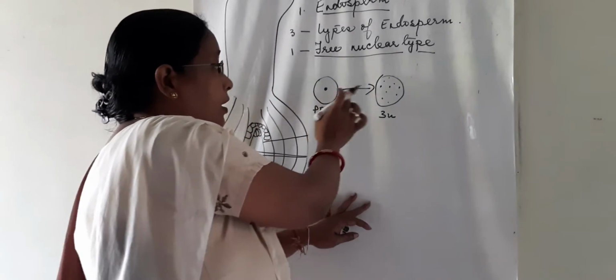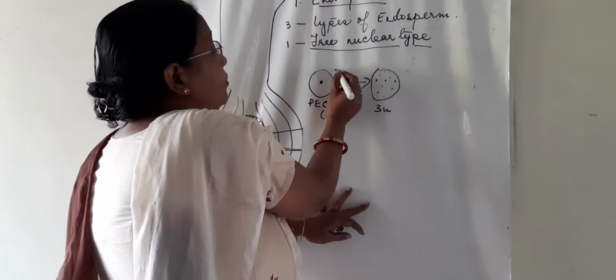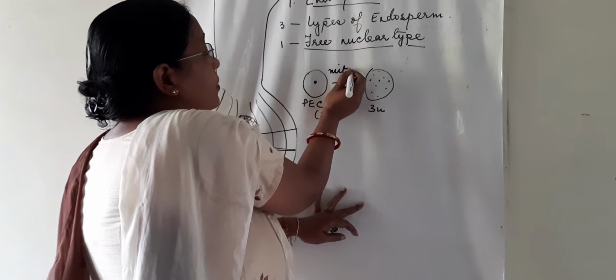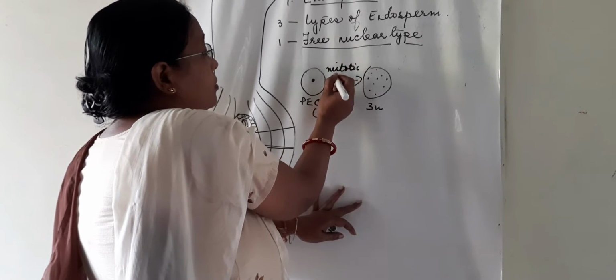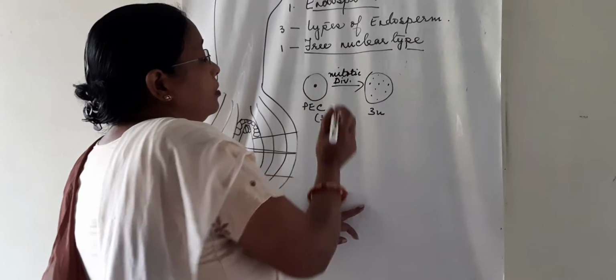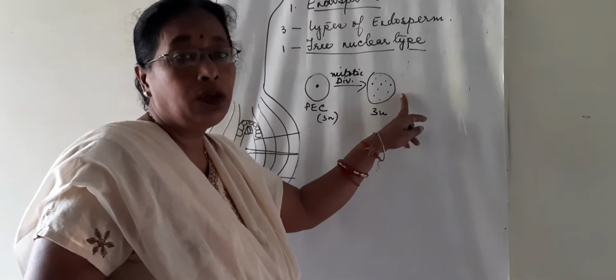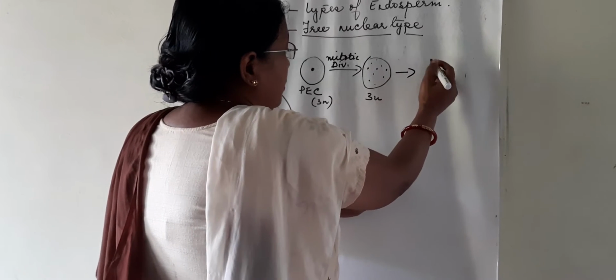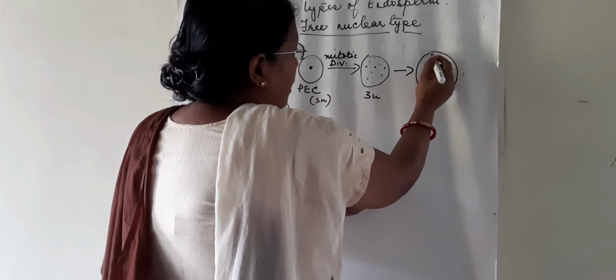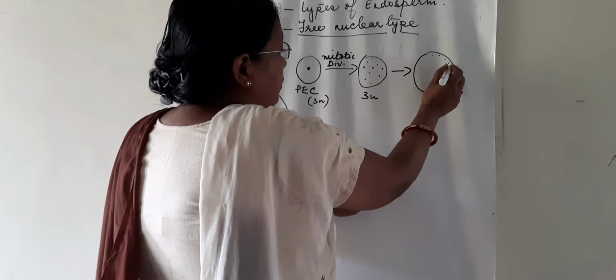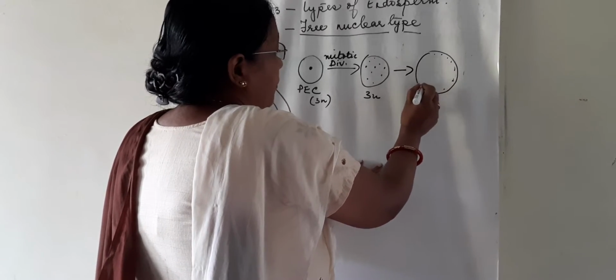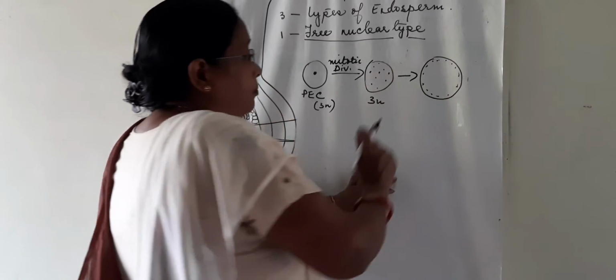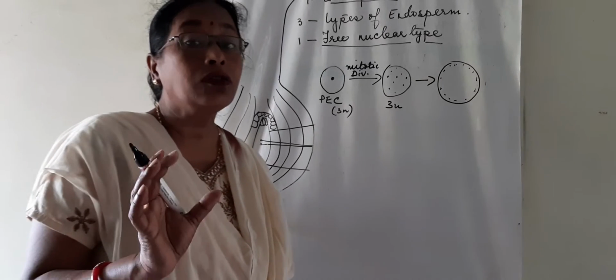The nucleus undergoes mitotic division and forms many nuclei. These nuclei now get arranged near the periphery of the cell. The best example is coconut.